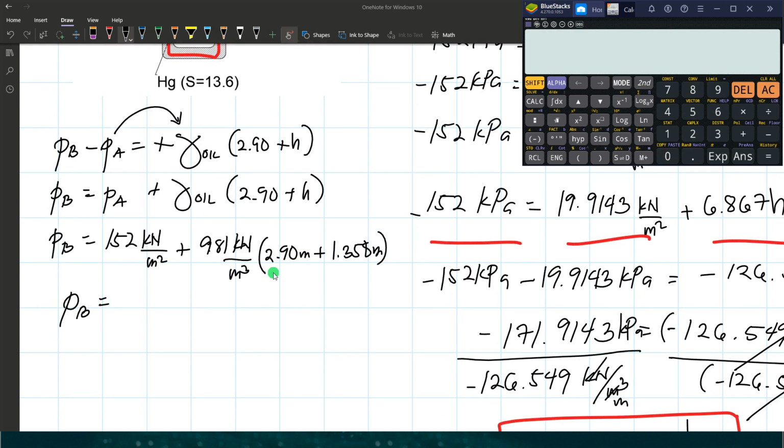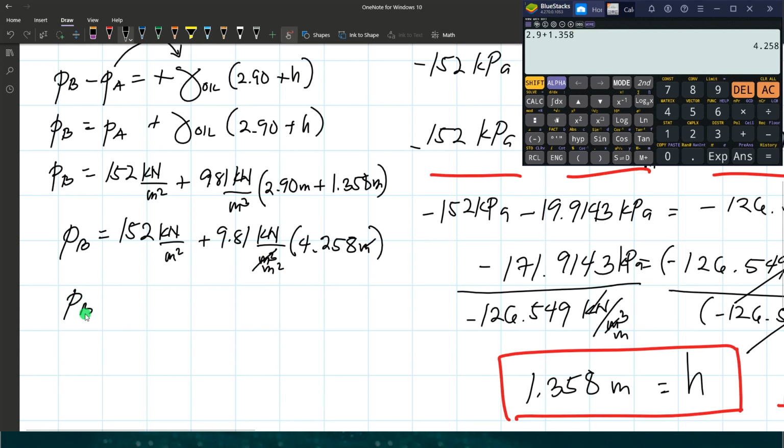So the pressure B is equal to, okay, let's evaluate first the second term. Let's add first 2.9 and 1.358, 4.258. So 152 kilonewtons per square meter plus 9.81 kilonewtons per cubic meter multiplied by 4.258 meters. So meter is cancelled out. We have kilonewtons per square meter unit.